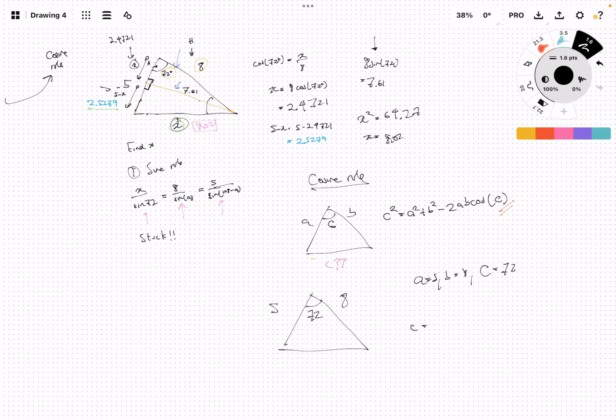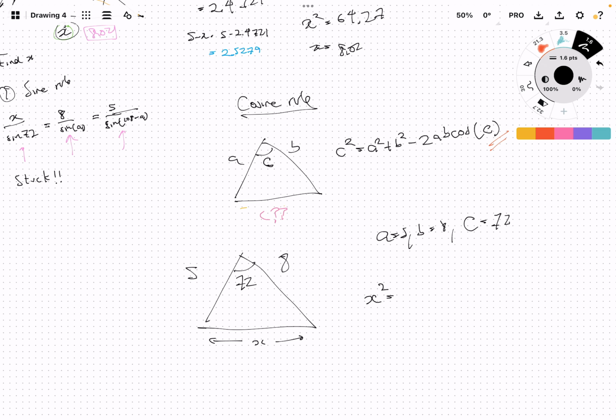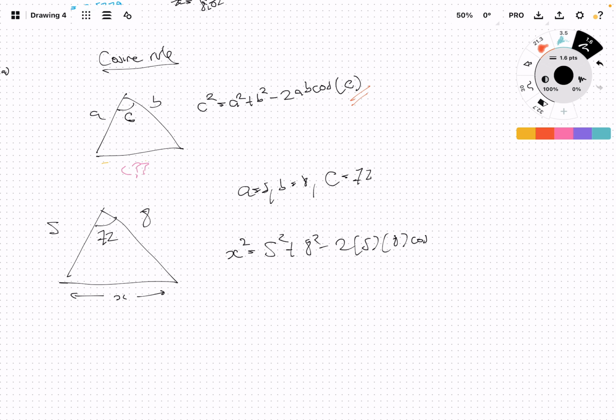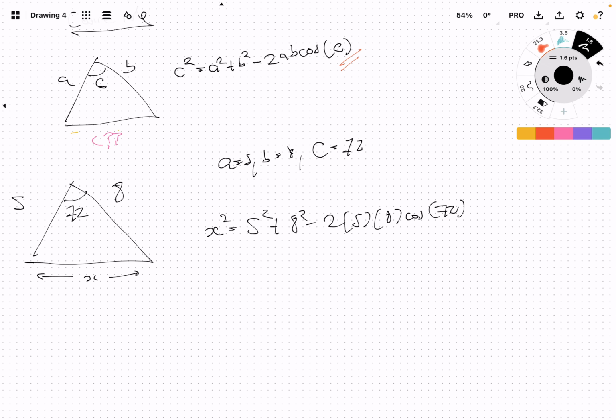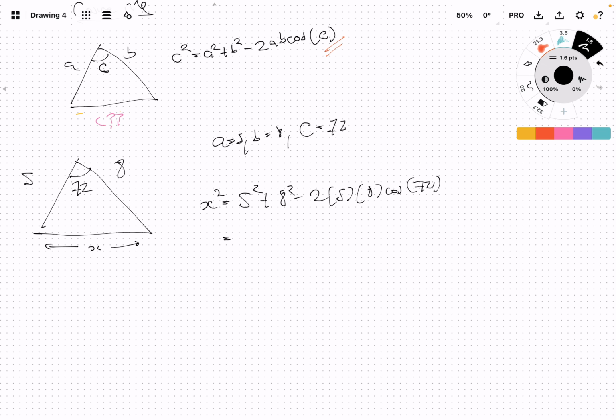And then if we want to find little c, which is the unknown, or x here, little c is x, so we can just call it x. x squared is 5 squared plus 8 squared minus 2 times 5 times 8 times cos 72, which is 89 minus 80 cos 72.